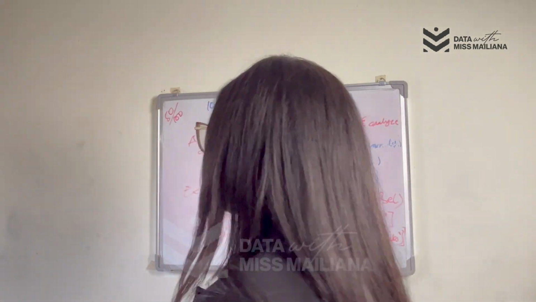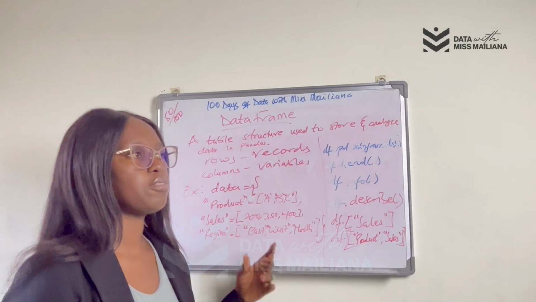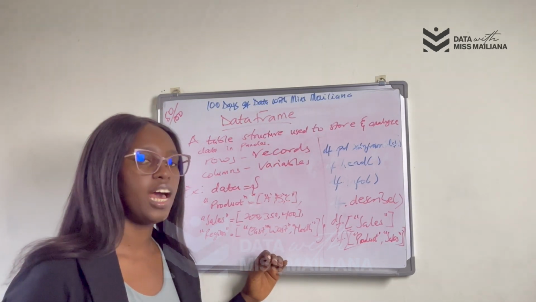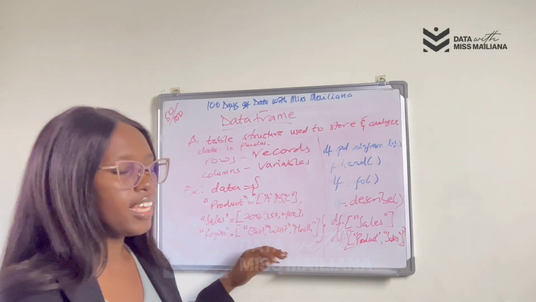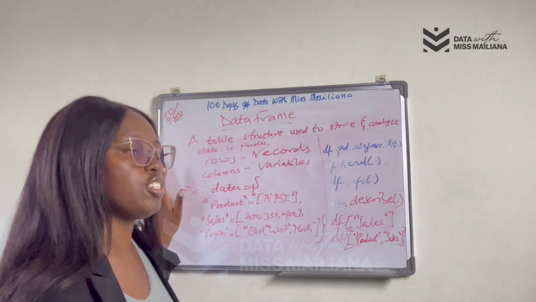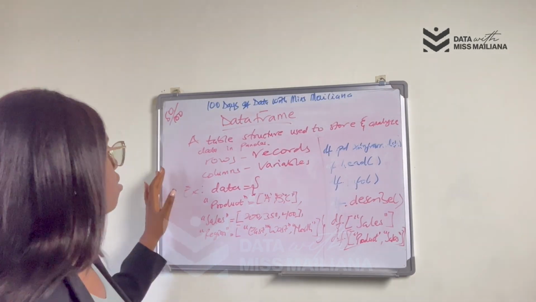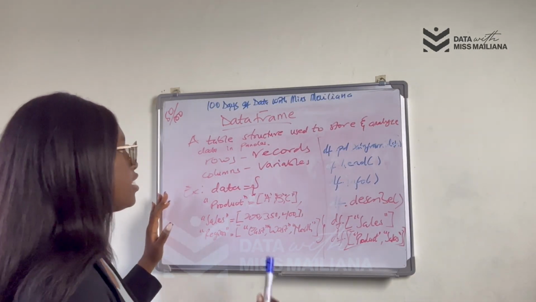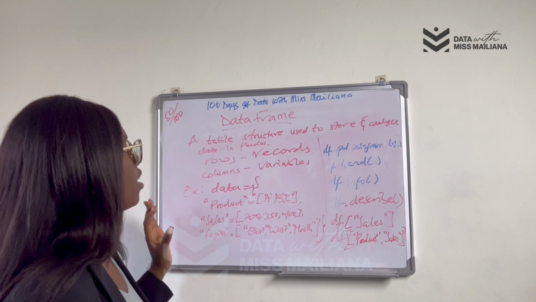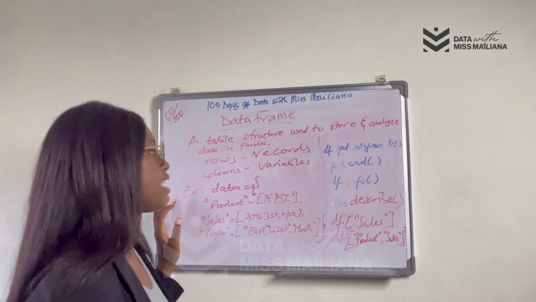All right, so today we're looking at data frames. I've given you a little background around the data frame looking like or behaving like an Excel spreadsheet. So let's get the definition of a data frame. Today's video is going to be quite short. A data frame is a table structure used to store and analyze data in Pandas.